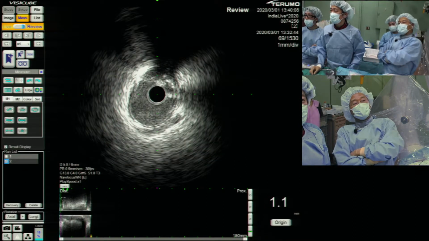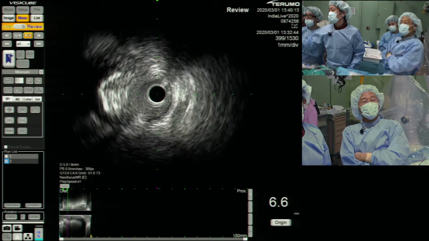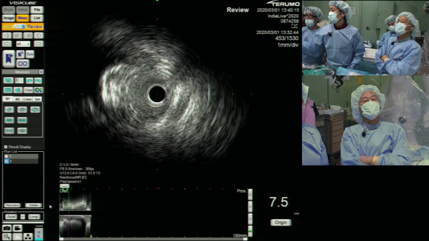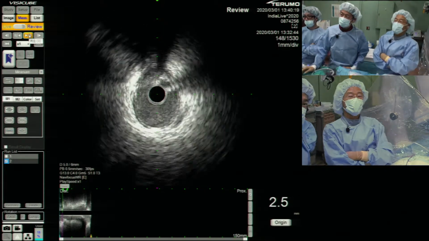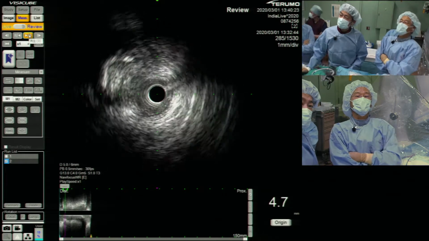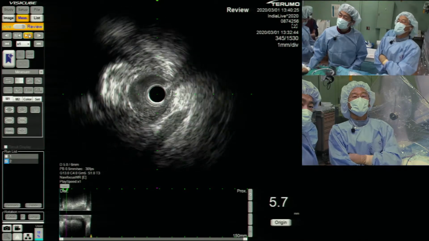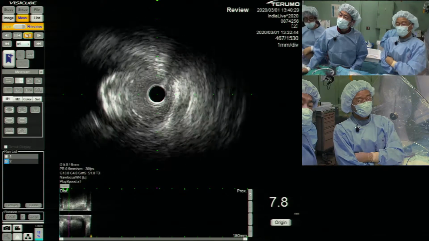But we are lucky: the true entry of the occlusion has no calcium. We can see the calcium behind the true entry. So probably the wire can get into the CTO, I hope.